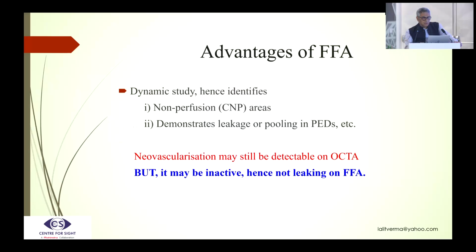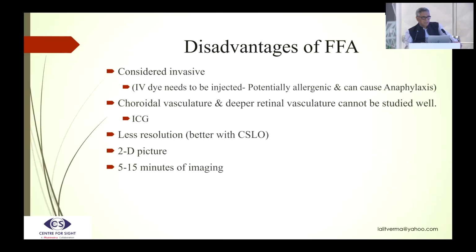CNV areas can be picked up very nicely on OCTA, but leakage is one part. Functional or flow indices have been described on OCTA, but to be very sure, especially in polyps, we still sometimes resort to invasive angiography, whether FA or ICG.